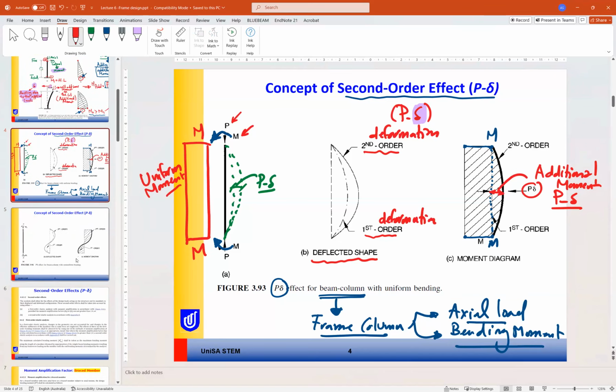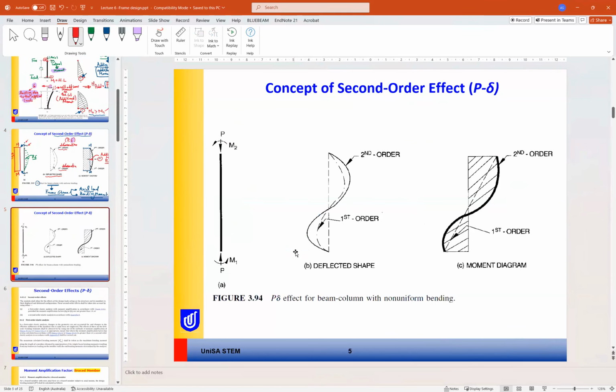Another case for the moment on the column is non-uniform bending. So another case for the P delta effect, or the second order effect, is the P delta effect for non-uniform bending. Same case, but the difference is we still have a P axial load on the column, but the moments in this case are in opposite directions.